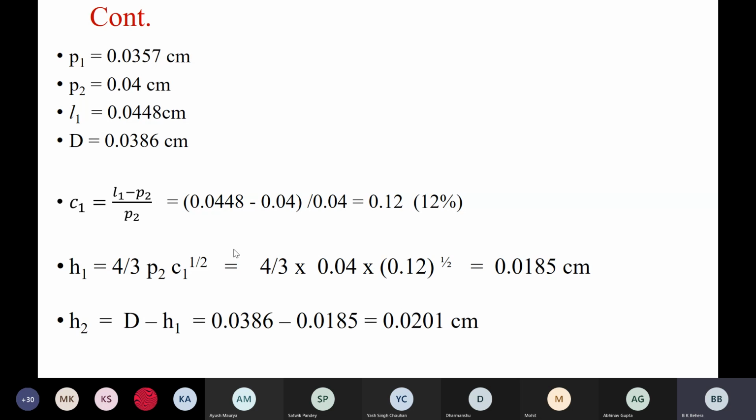There is no need to use this formula again for H2 because it's a longer process. You can save time. Once you know H1, we know H1 plus H2 is equal to D. So H2 is equal to D minus H1. You get this value. So we know now C1, H1, H2. 4 plus 3, 7 parameters. I am proceeding further.